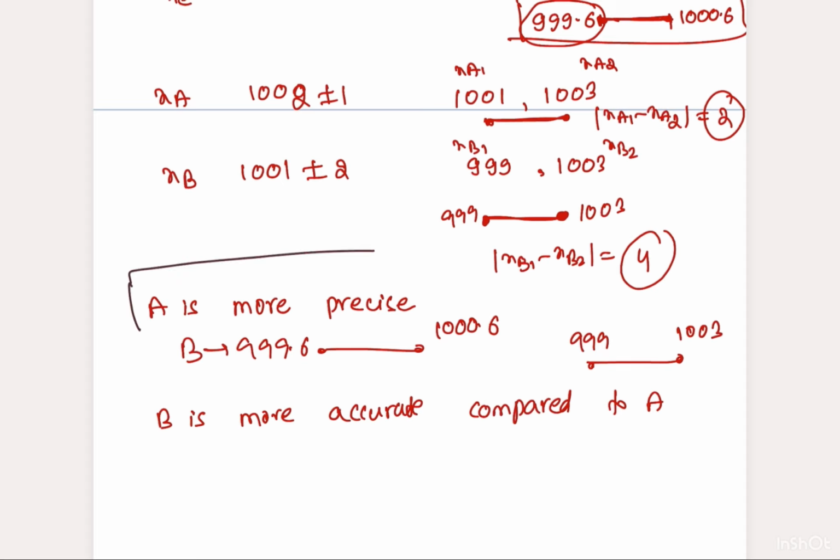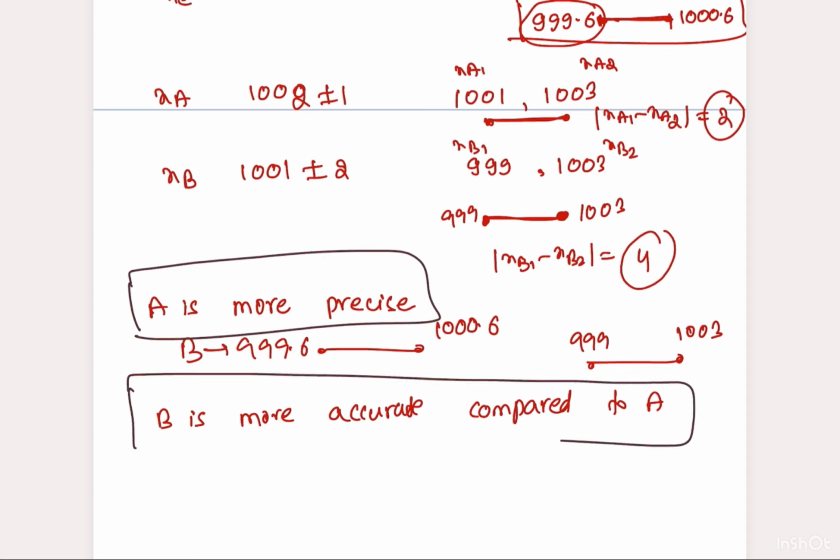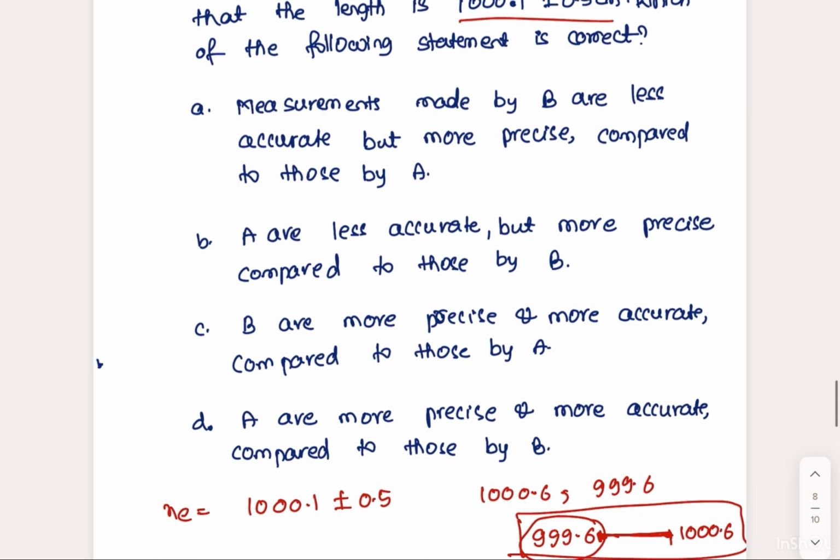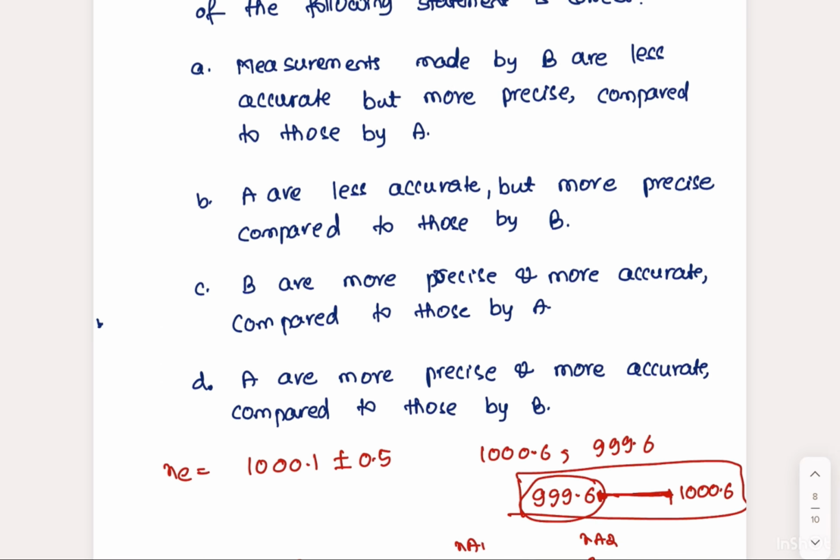Therefore A is more precise and B is more accurate. So B is not more precise; B is not having both.